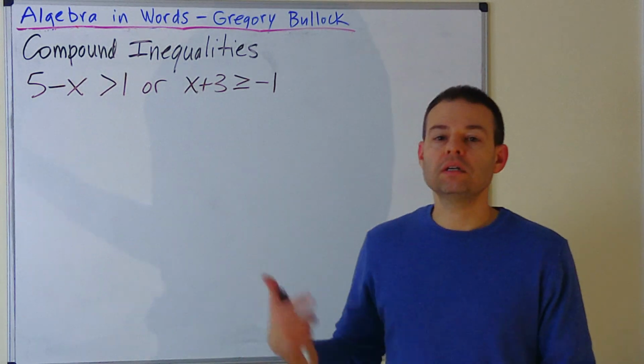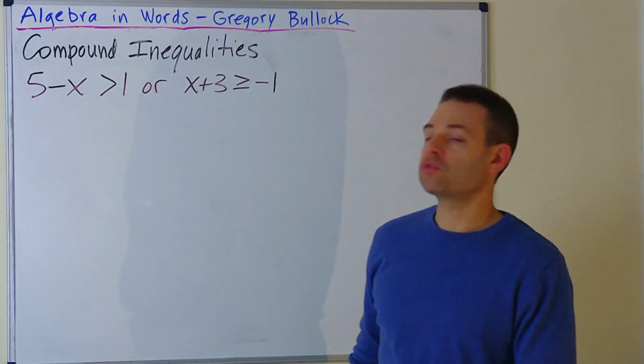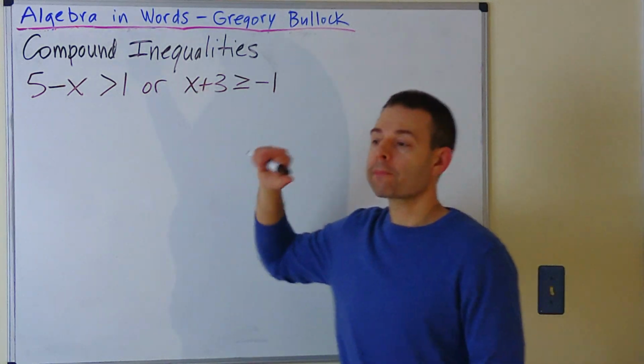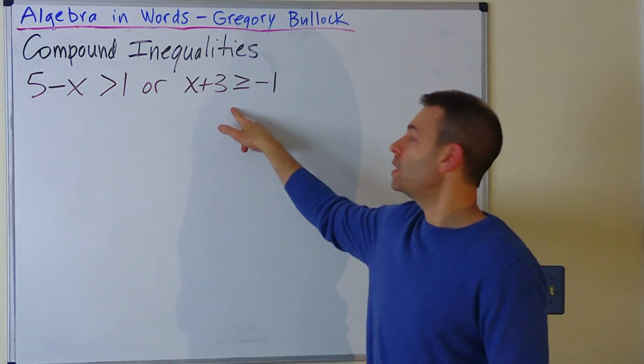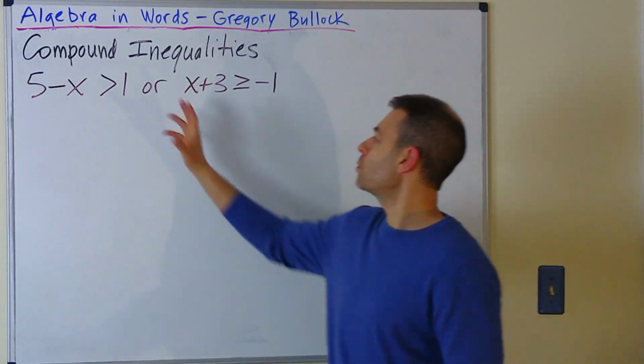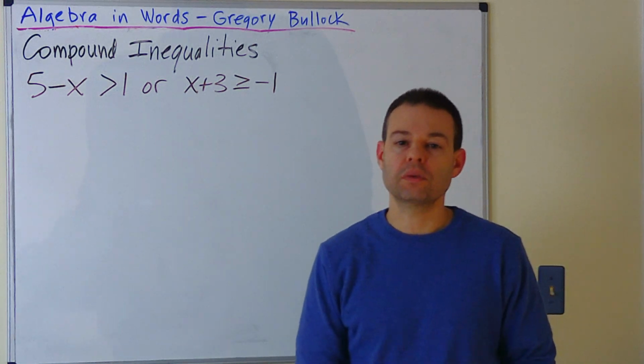So let's take a look and notice how we have this inequality, 5 minus x is greater than 1. Then we have or, which is significant, and we have x plus 3 is greater than or equal to negative 1. Let's start with this portion on the left. And notice that it's not solved or simplified yet.